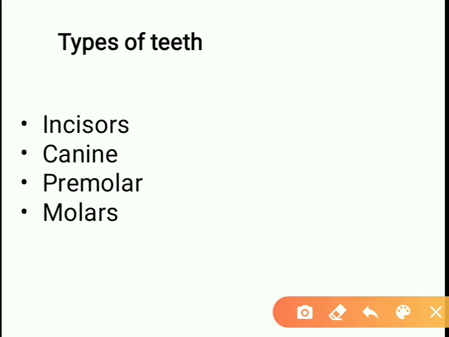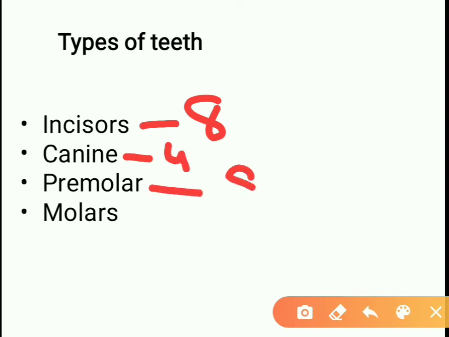So we have 8 incisors, 4 canines, 8 premolars and 8 molars, excluding the 4 wisdom teeth.